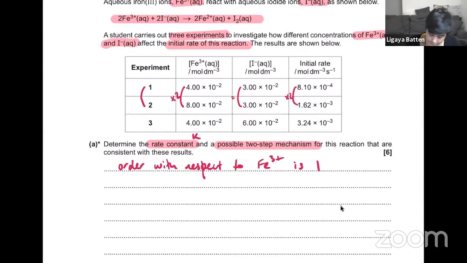Comparing experiments 1 and 3, because it looks to me like 2 and 3 have too many things changing. The Fe3+ doesn't change. This is multiplied by 2. And this to me looks like it's multiplied by 4. I'm going to double check with my calculator.